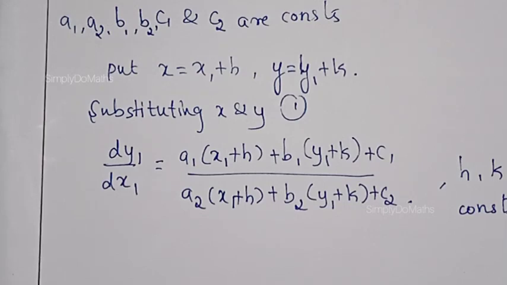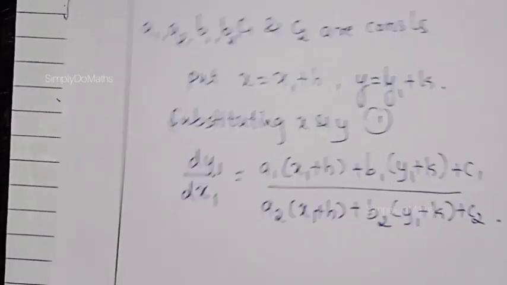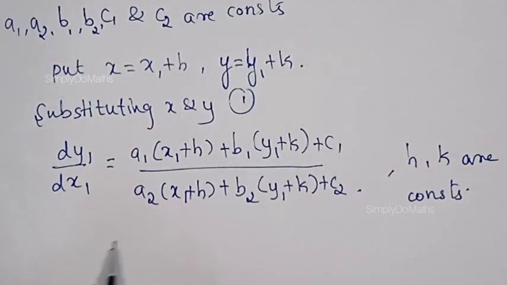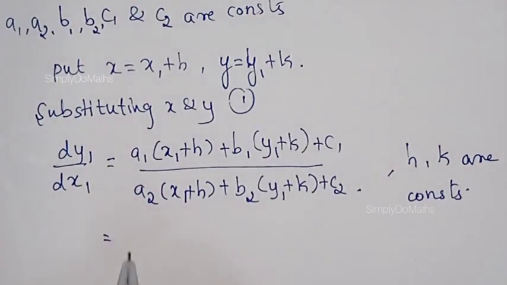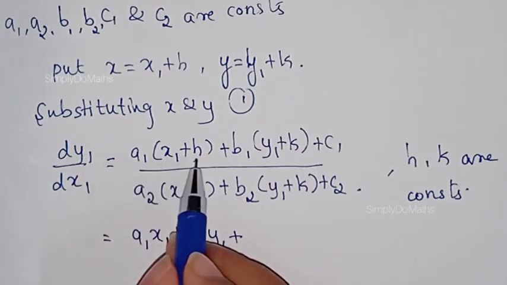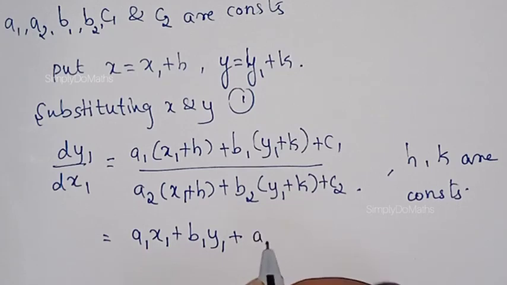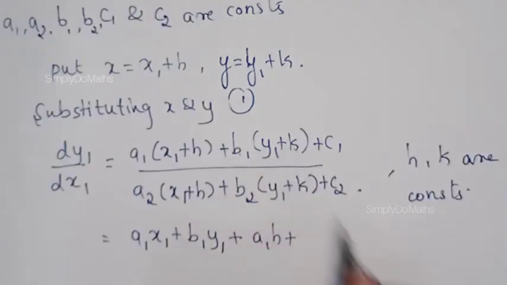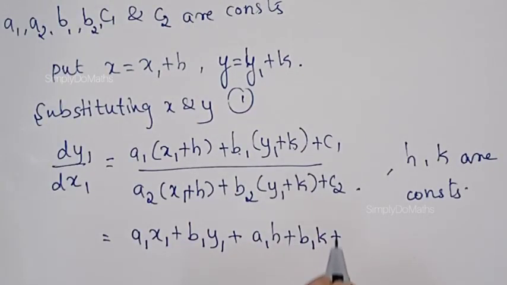Now we need to collect the variables and the constants as their own groups. So this will be equal to a1 x1 plus b1 y1 plus, here a1 is constant, h is constant, right? So a1 h plus b1 k plus c1.